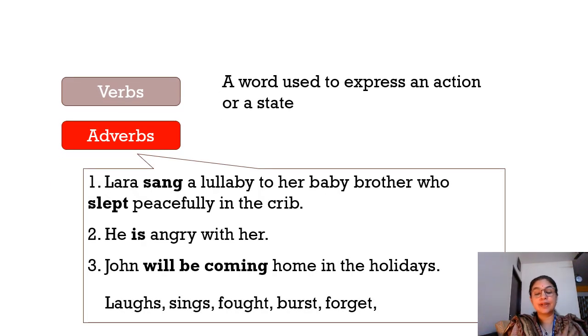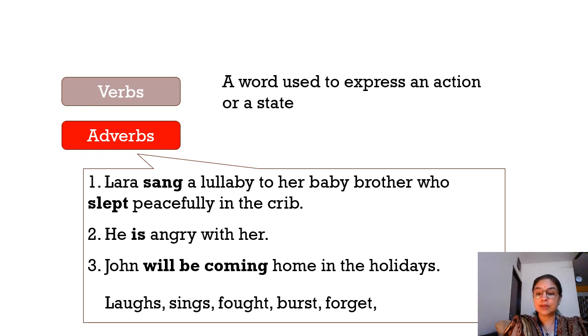Now let's look at the first sentence. Lara sang a lullaby to her baby brother who slept peacefully in the crib. Lara sang. Sang is a verb. And the baby brother slept. Slept also expresses an action, which is a verb.